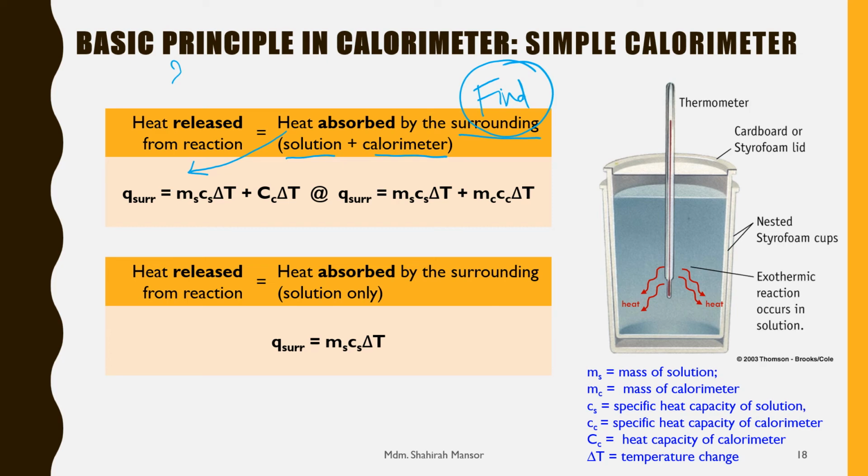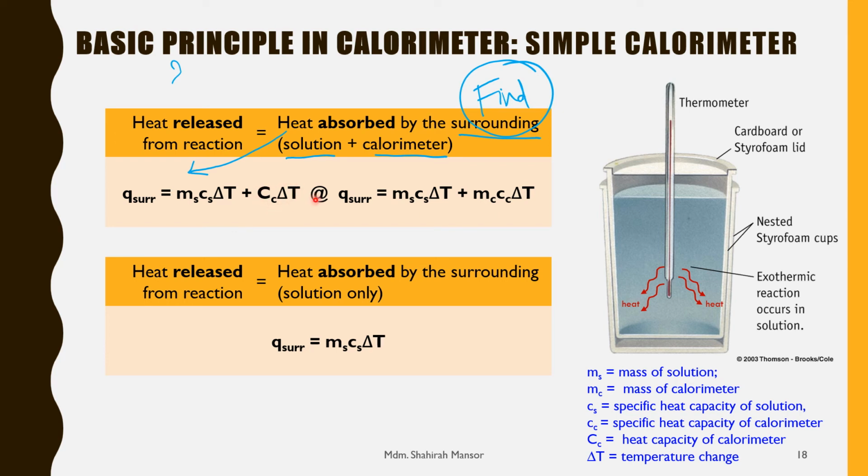So Q surrounding equals to M is mass of solution, this is specific heat capacity of the solution times delta T. So this formula adalah untuk solution plus capital C for calorimeter, that is heat capacity for calorimeter times delta T. So these two adalah untuk calorimeter.